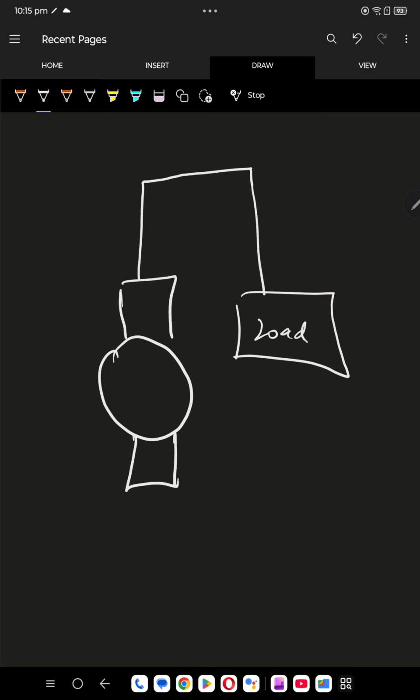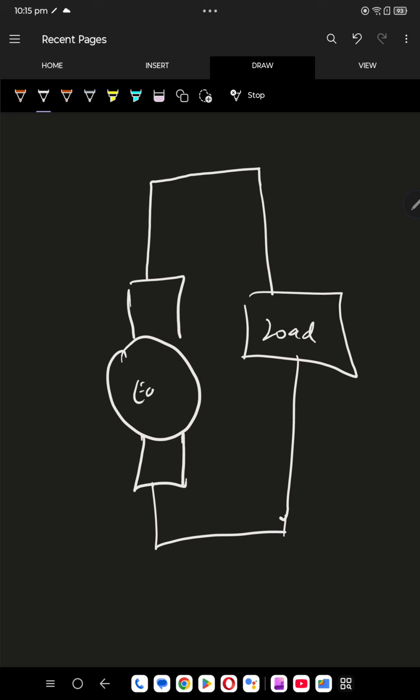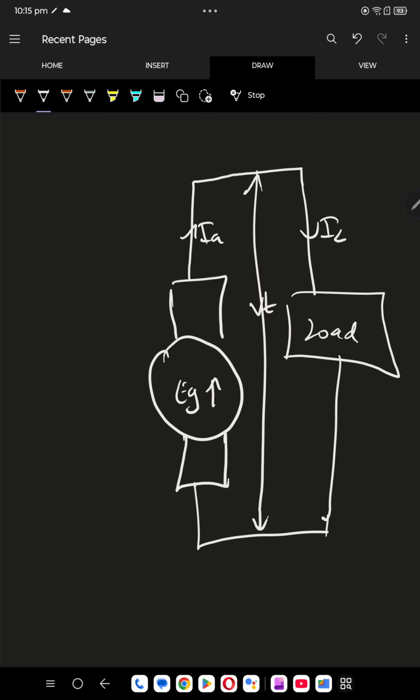Here the load is going to come, and this is connected like this. This is going to be labeled as EG. This is IA. This is IL. This is going to be VT, and this is separately excited, right?